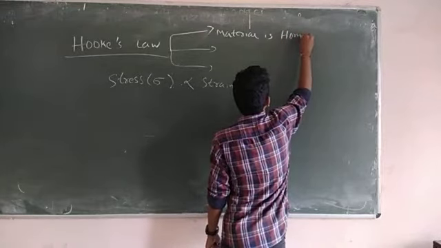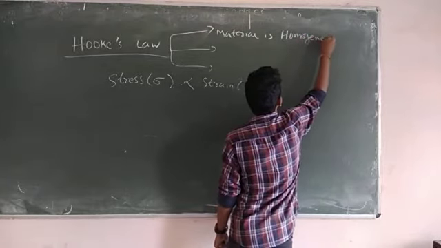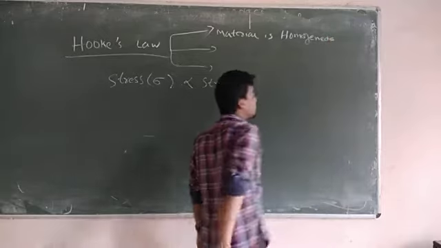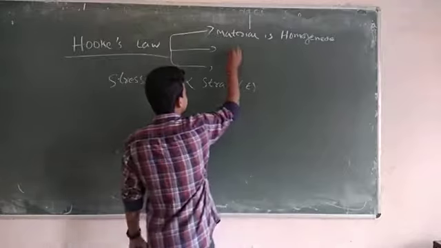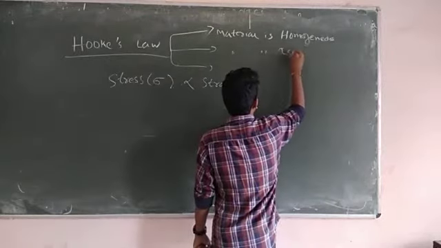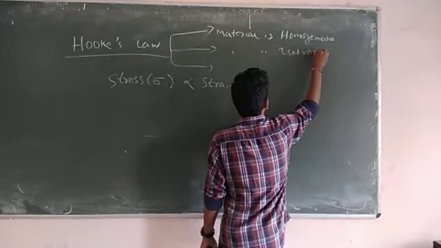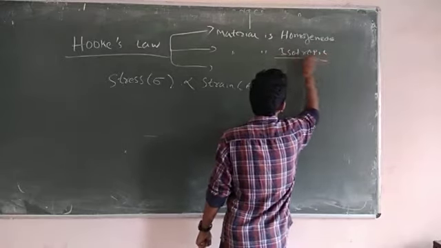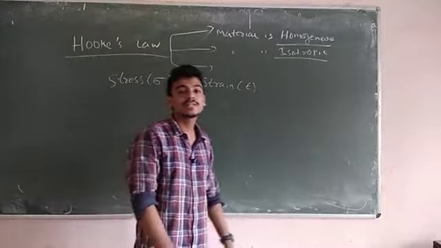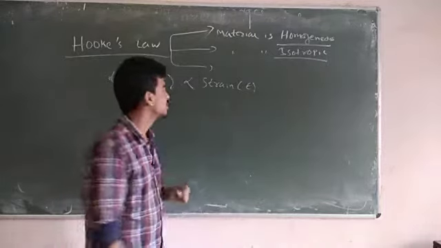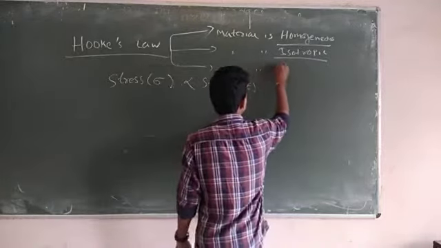What is homogeneous? I already told you in the previous class. Homogeneous means properties are the same throughout its volume. The second assumption is that the material is isotropic. Remember the assumptions, homogeneous, isotropic. Isotropic means the material's properties are the same in all directions at a point. The third one is that the material is elastic.